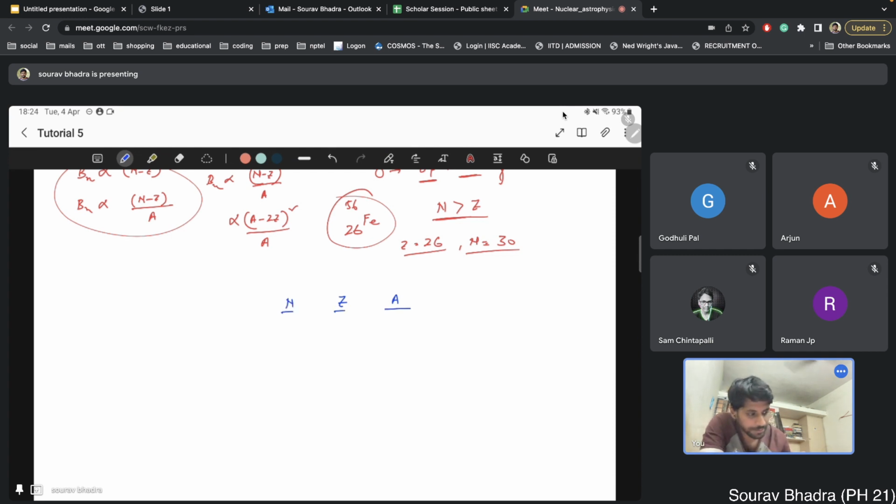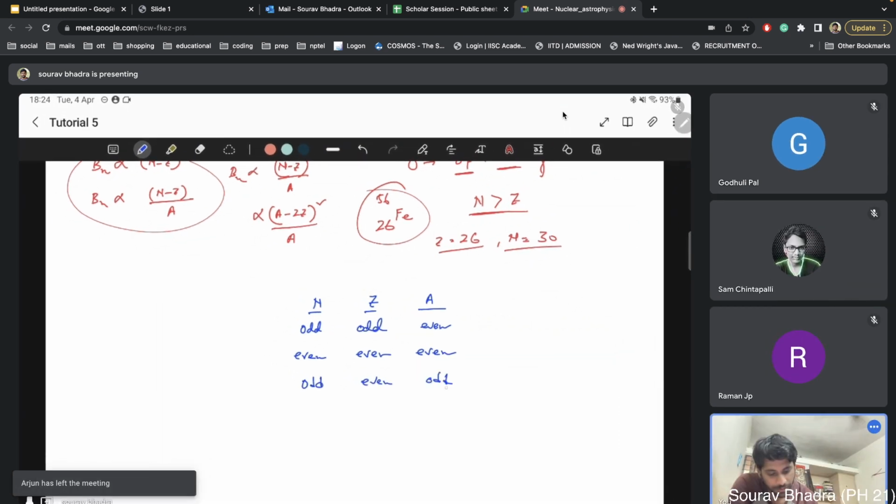Now z can be odd, n can be odd, and a will be even. Similarly, z even, n even, and a will be even. And other combinations are also possible: odd, even, that will be odd. Similarly, even, odd, that will be odd.